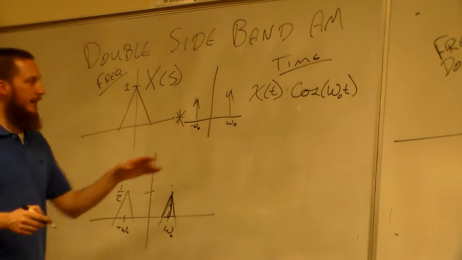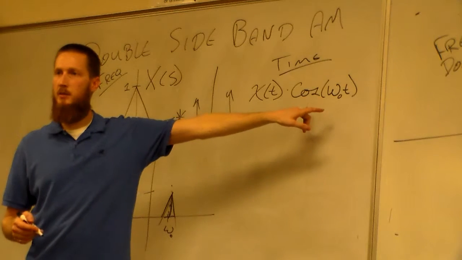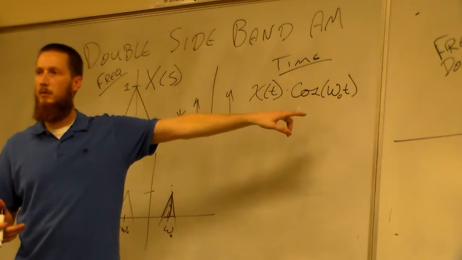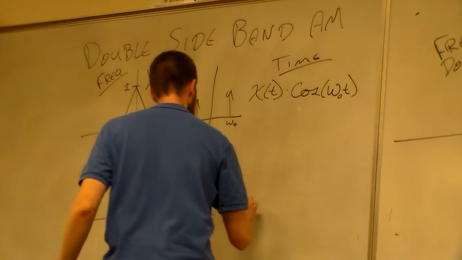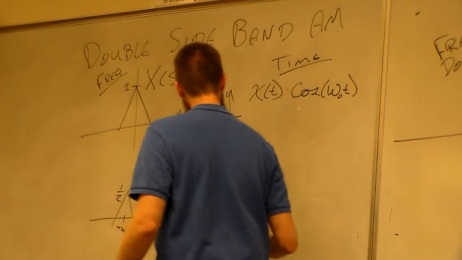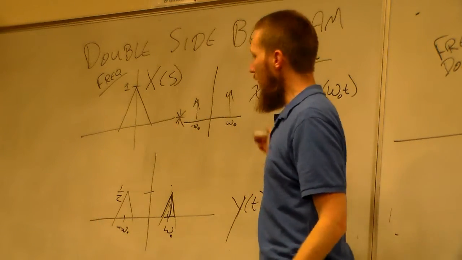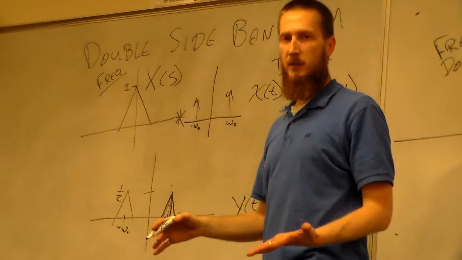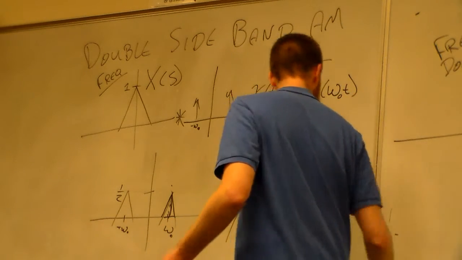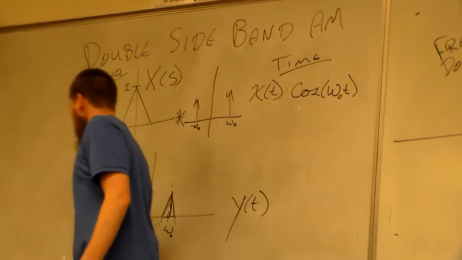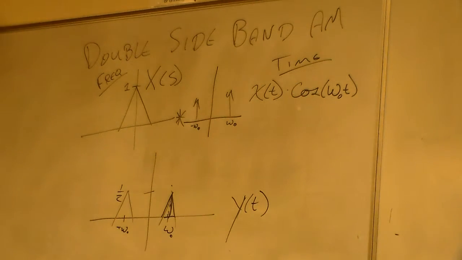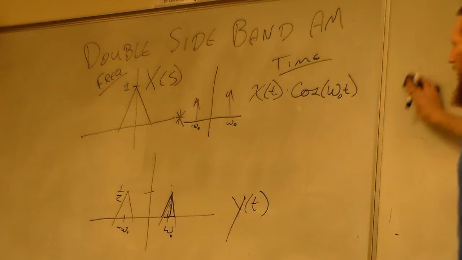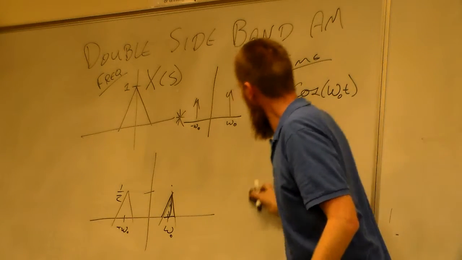We multiply again by the cosine omega naught t. So to undo this, we take this output, which is y of t, and to make it to where we can demodulate the signal, we're going to go to the next board.